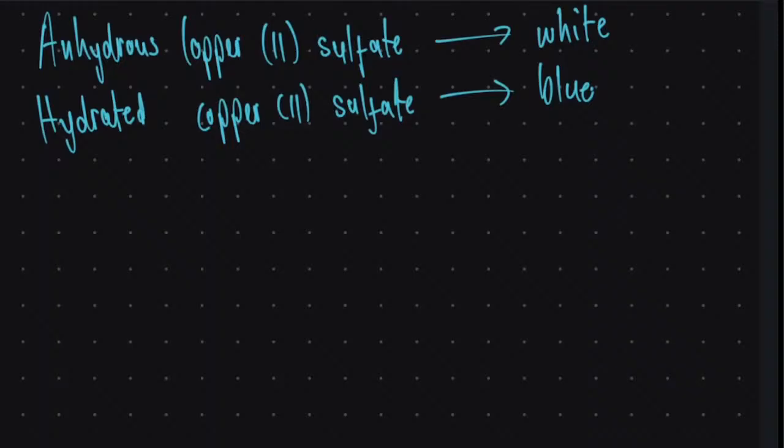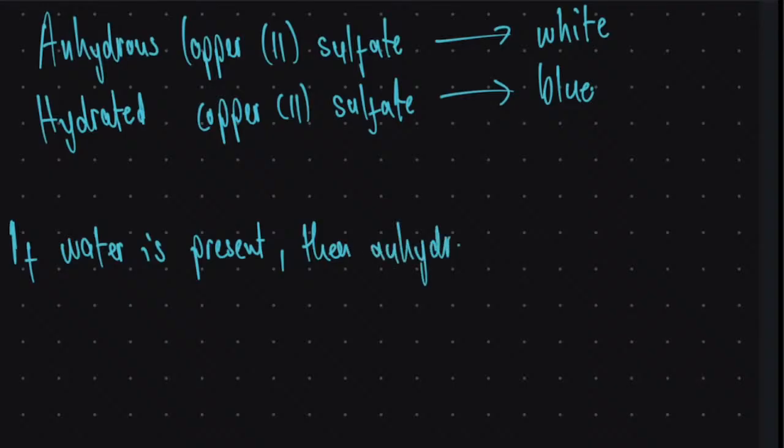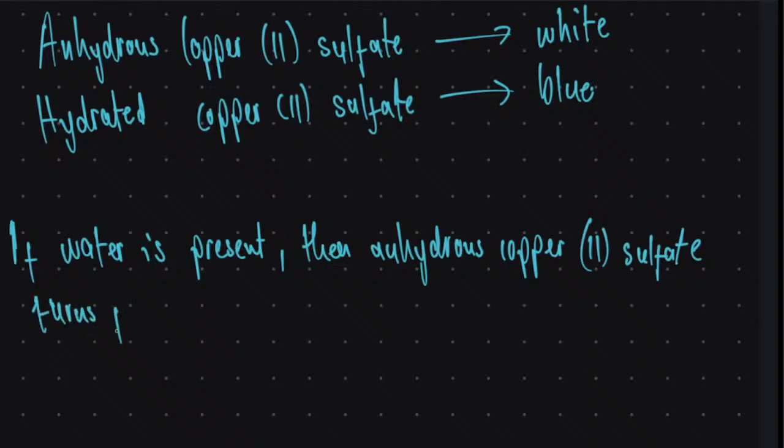So if water is present, then anhydrous copper 2 sulfate turns from white to blue.